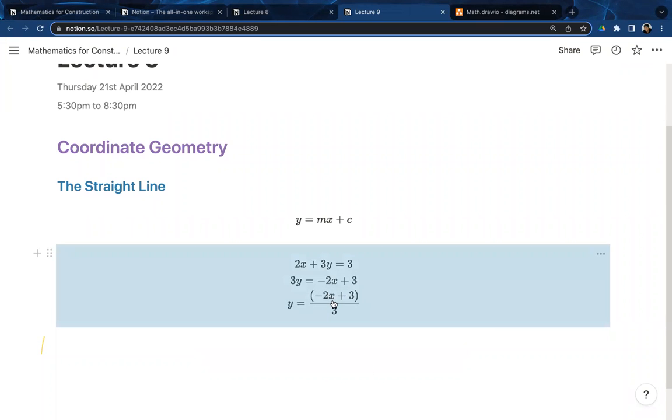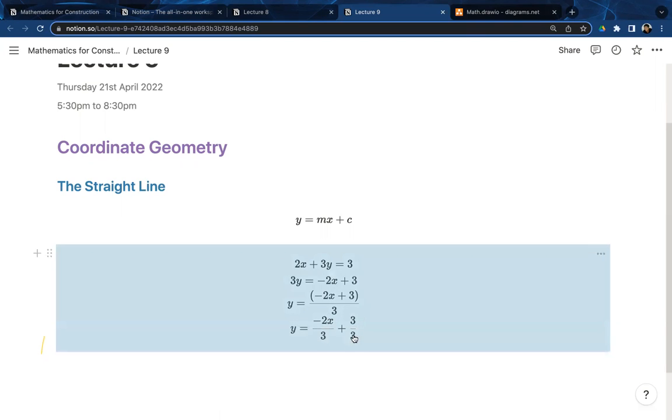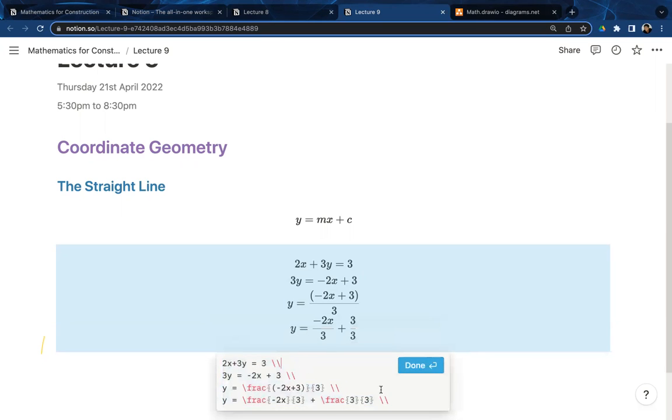And if you write this in the form mx plus c, you get minus 2x over 3 plus 3 over 3.